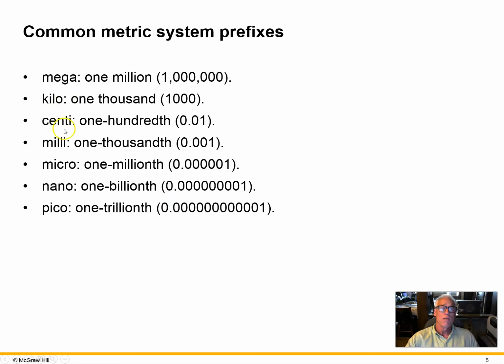Here are some prefixes that I'm sure you've seen many times, but just to keep things straight, they're listed out here in terms of their meaning, and we will use only a very small subset of these. We might talk about millimeters and kilometers, for example, and that's about all we're going to encounter from this list.